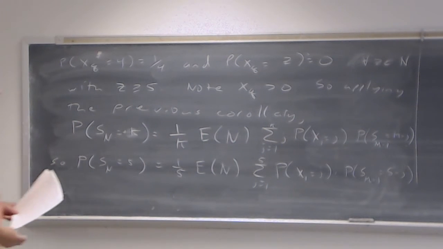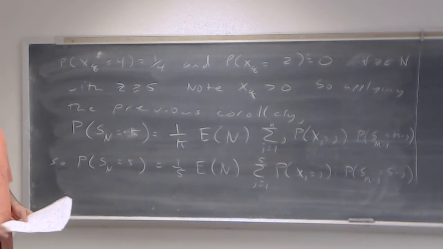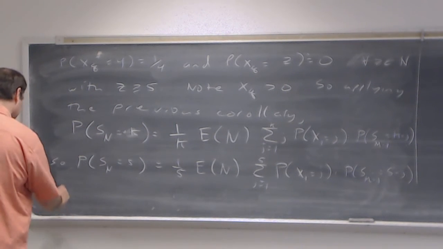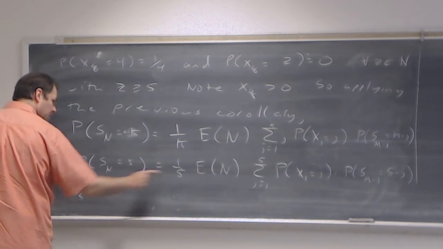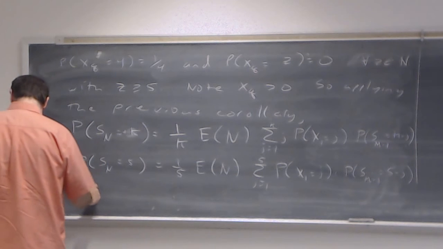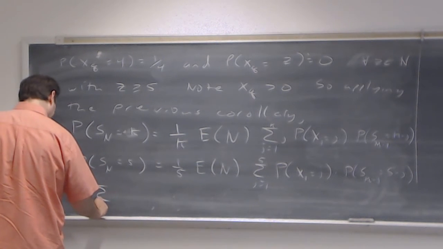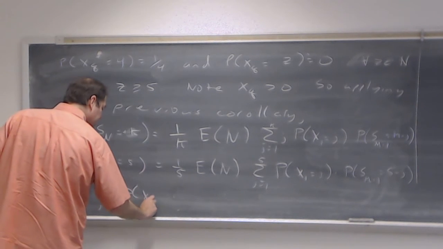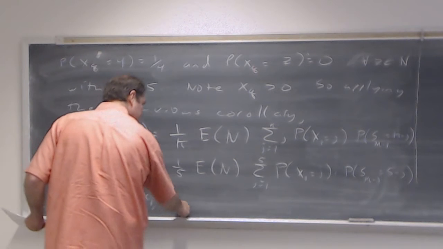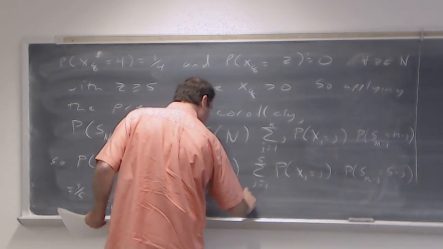In our problem, the expected value of N, remember it was Poisson with lambda equal to 4, so this is equal to 4/5, because the expected value of N is 4. And then here, this will be the sum, and I'll just write this down. As j runs from 1 to 5, j times the probability of X of 1 equal to j times the probability of S of M minus 1 equal to 5 minus j.